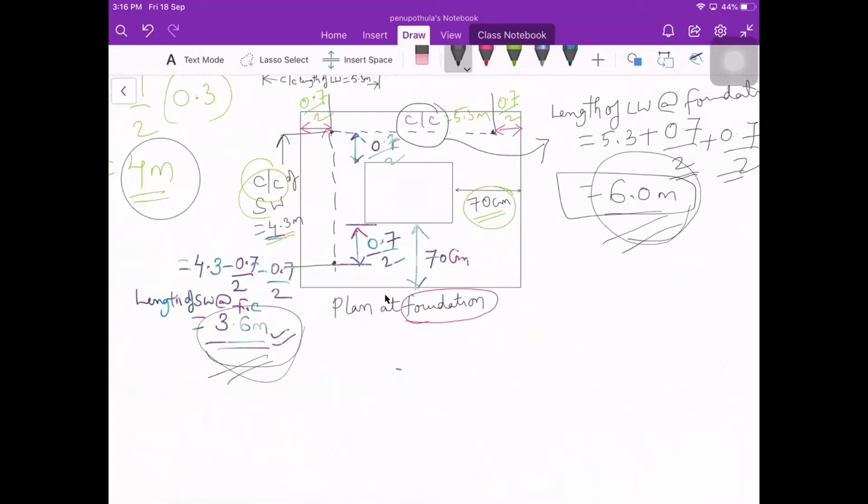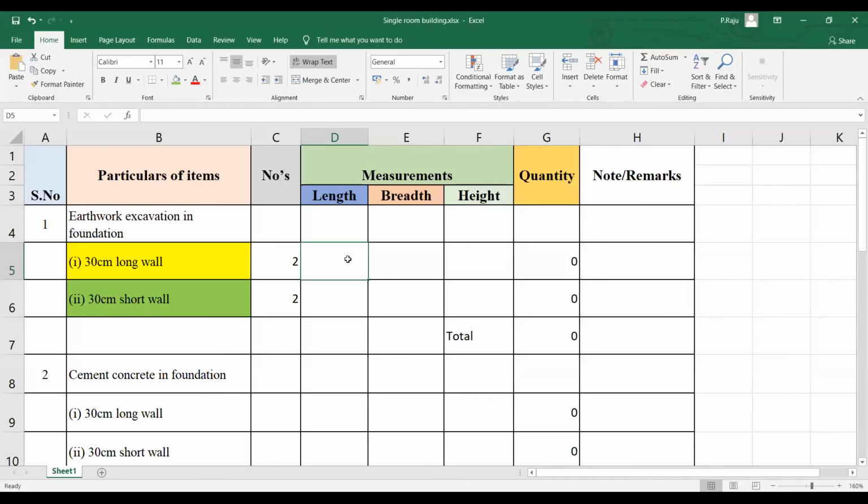So I am going directly to it. Length of long wall is 6 meters and length of short wall is 3.6 meters. Breadth is 0.7 and height is 0.7.